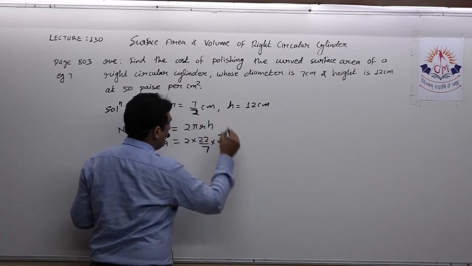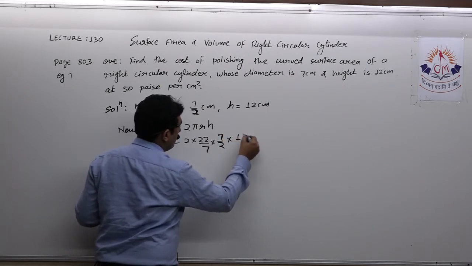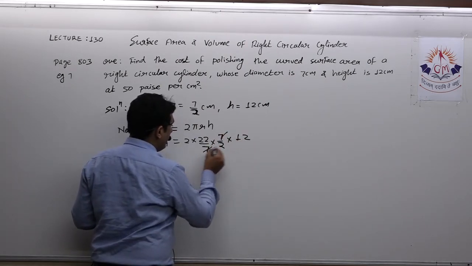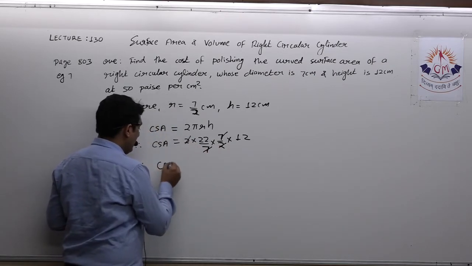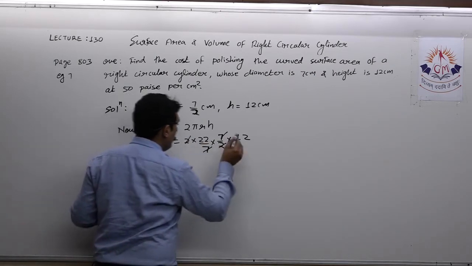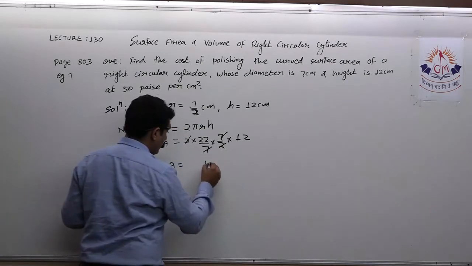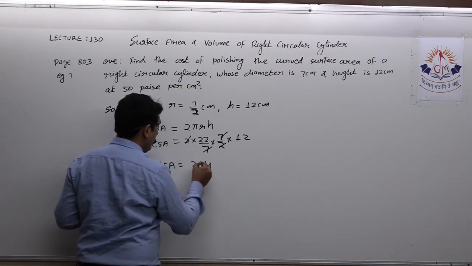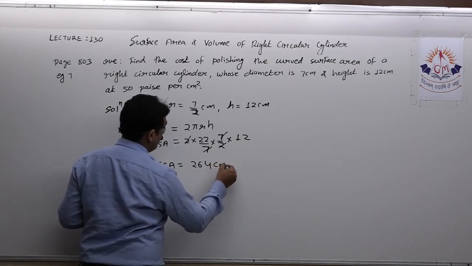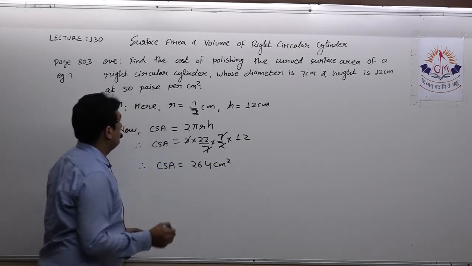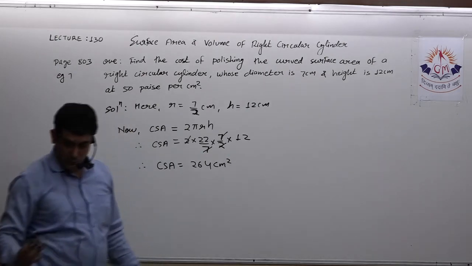So I kept it 7 by 2 only. H is 12. This 7 and 7 will cancel out, this 2 and 2 will cancel out. So here I will get CSA is equal to 22 into 12, 264 centimeter square.